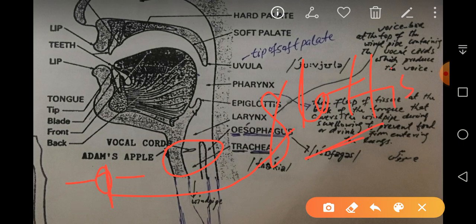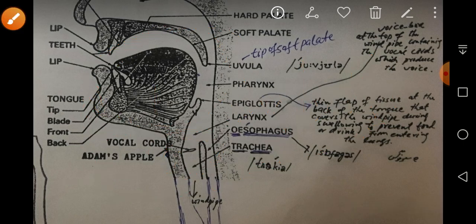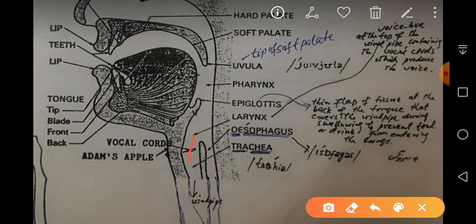The only sound produced in this place is the ha sound. Every other consonant is produced above the voice box, but this phoneme is produced here. That's why its name is glottal sound.